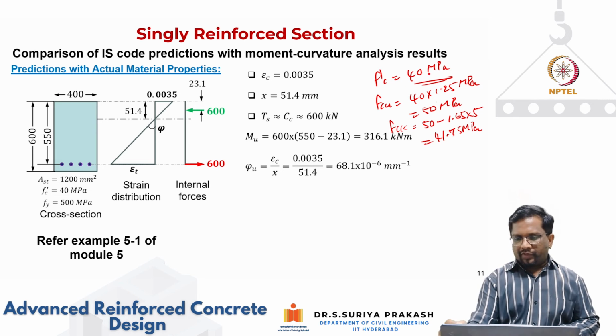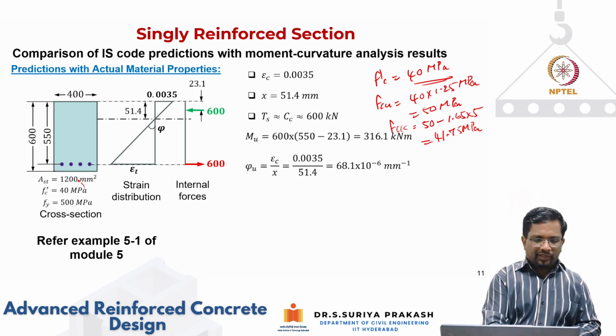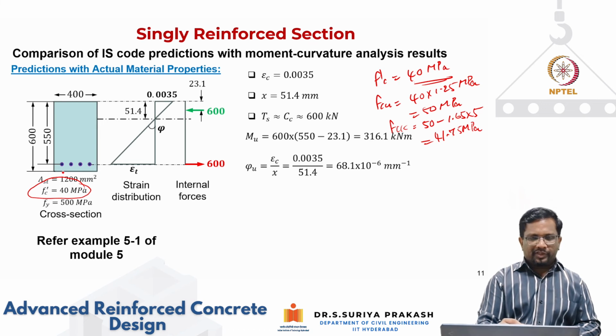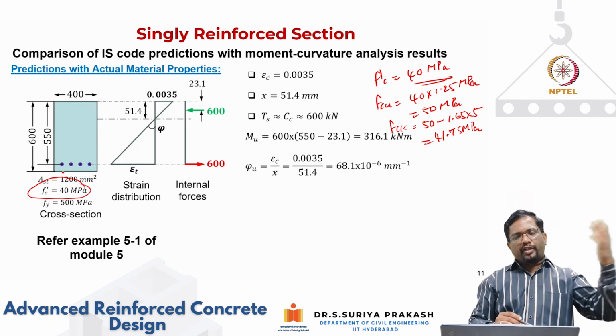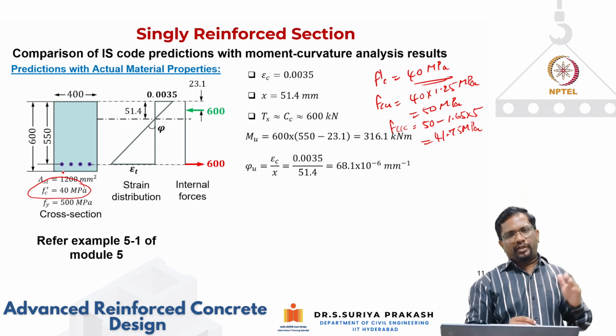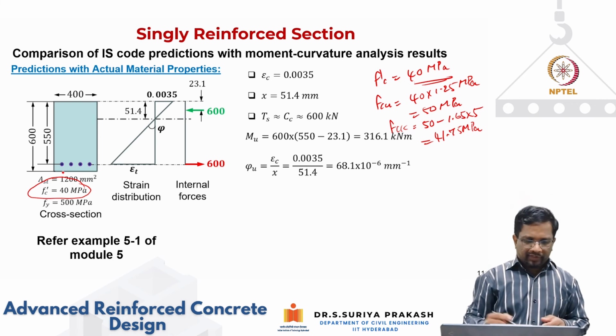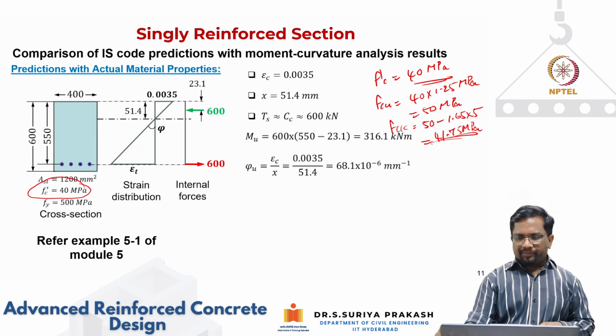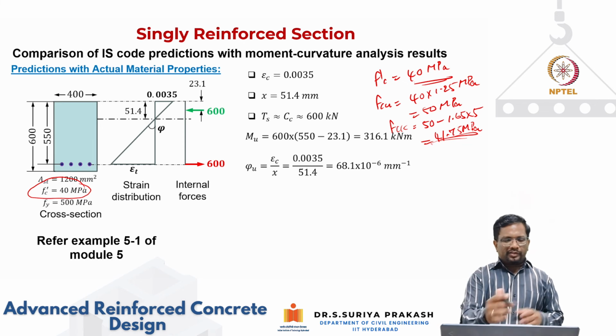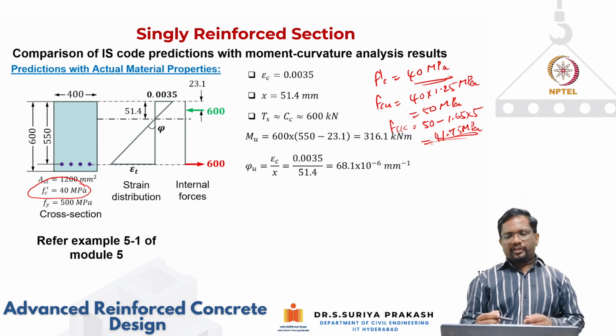So for 40 and 40, nearly the same. That is the reason I am taking cylinder strength of 40 megapascal, which will be closer to the characteristic strength of 40 megapascal that we considered in the previous calculations. So they will be nearly the same. There is a slight difference, just to show you how much is the conservatism.